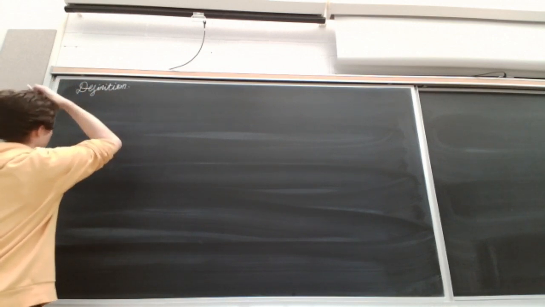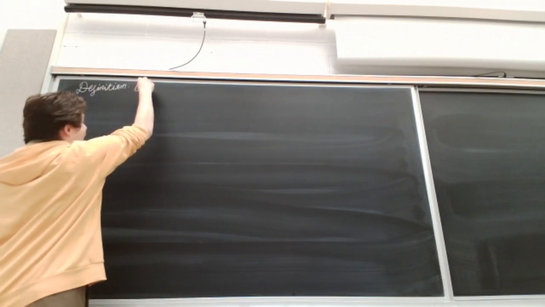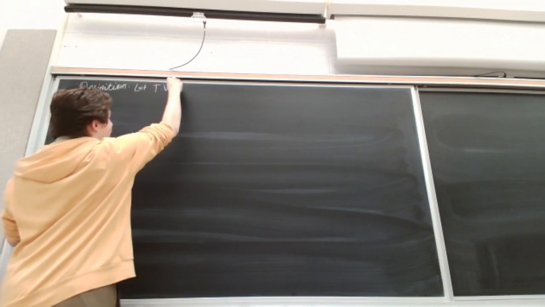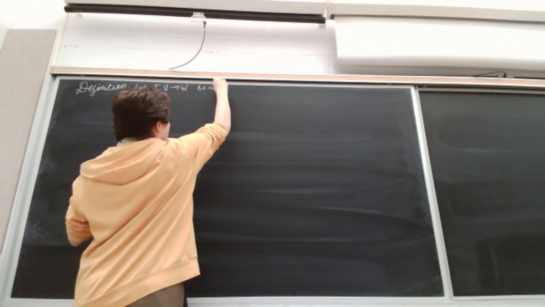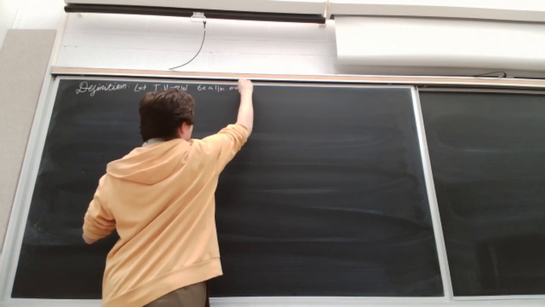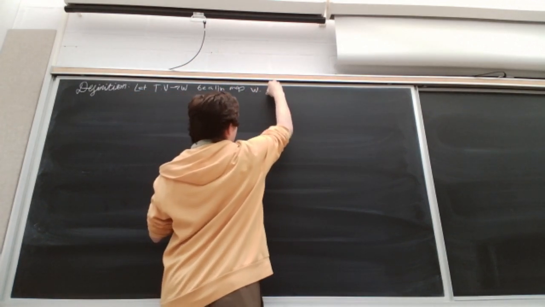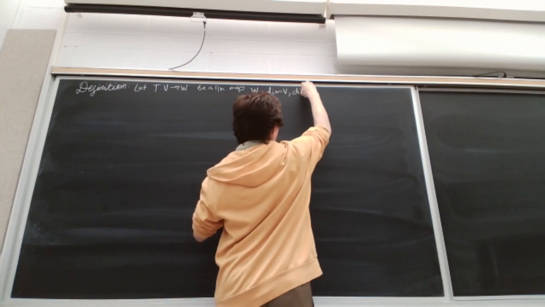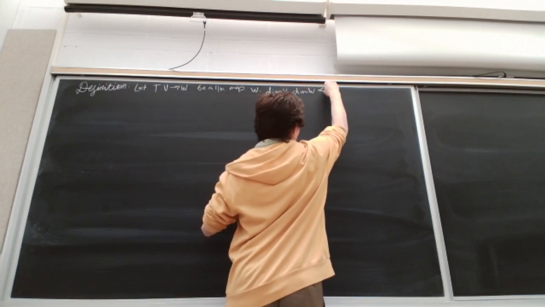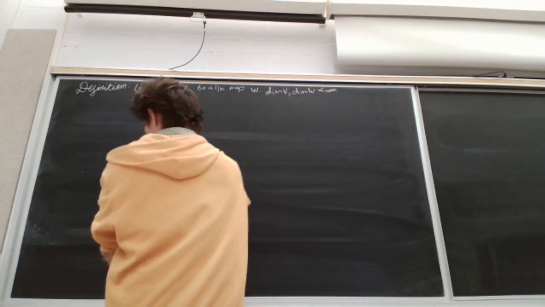Okay, so definition. Let T be a linear map from V to W, with the dimension of V and the dimension of W being finite, less than infinity. So there's some finite number.